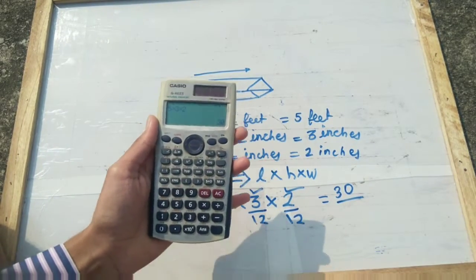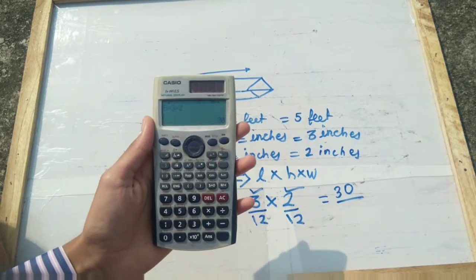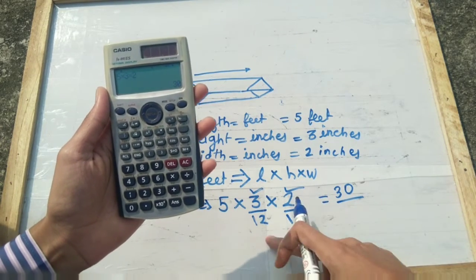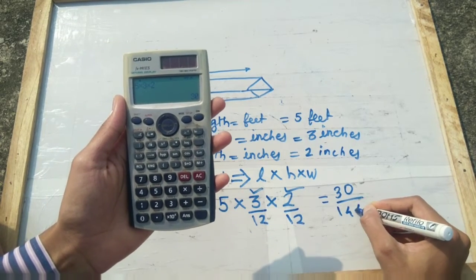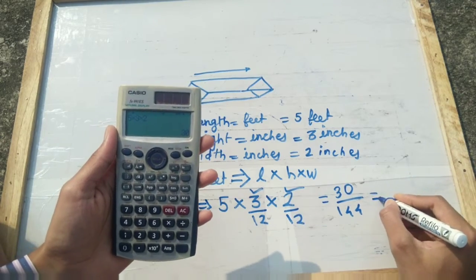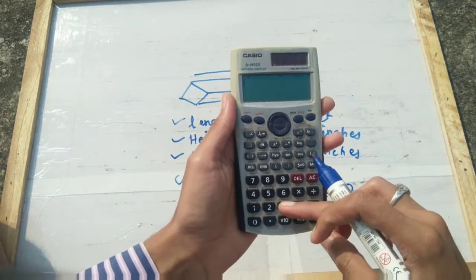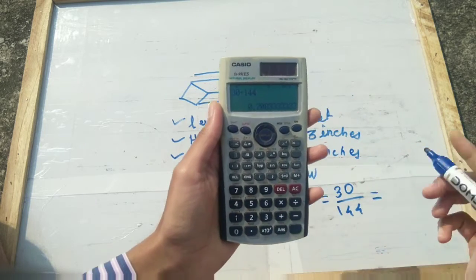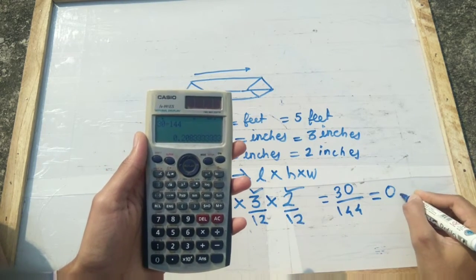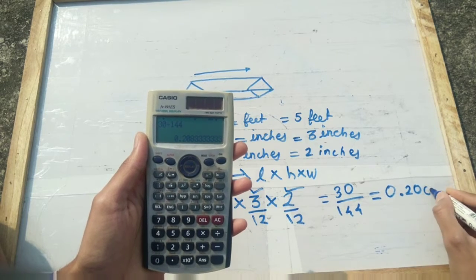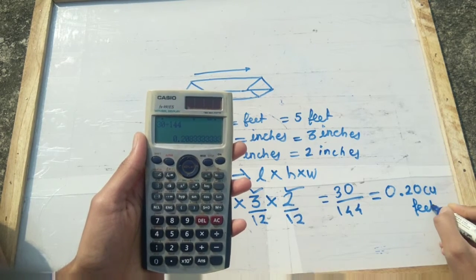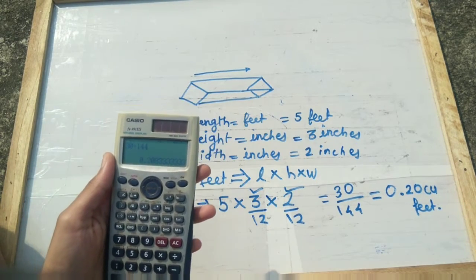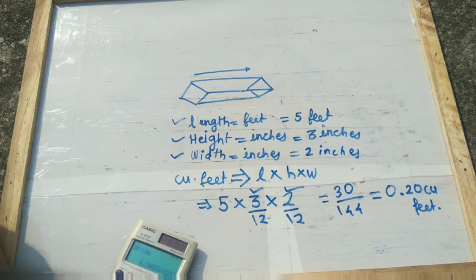Now multiply our denominators. 12 into 12, 144. Now divide 30 by 144. So we get an answer like 0.2 cubic feet. Now this is the volume.